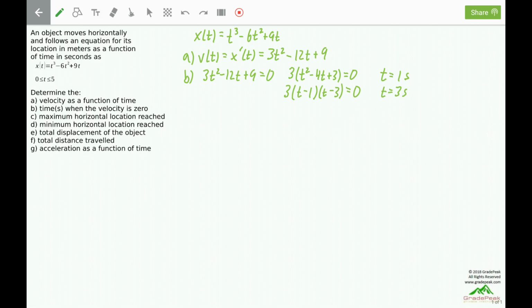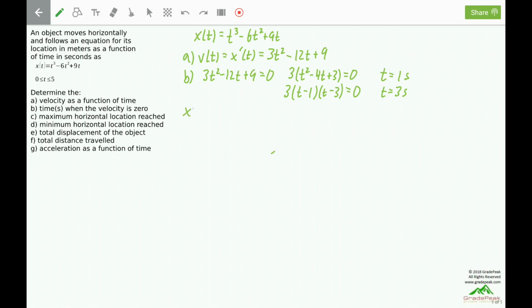For part C, we want to know the maximum horizontal location reached, and part D, the minimum horizontal location reached. Those will be either the position at the initial time, that's a time of 0 from over here, the final time, that's a time of 5 from there, or any of the times in between when the velocity was 0, and we have those here. There's 2 times when that occurred.